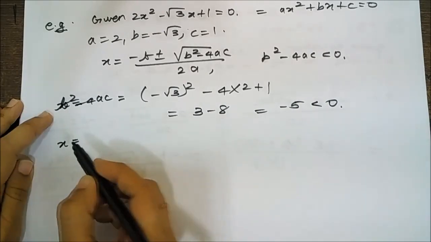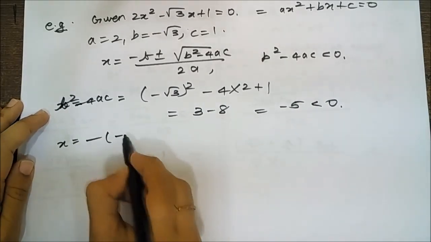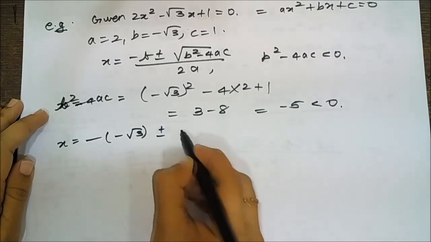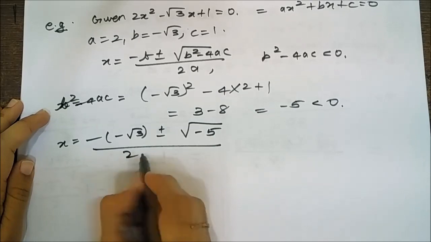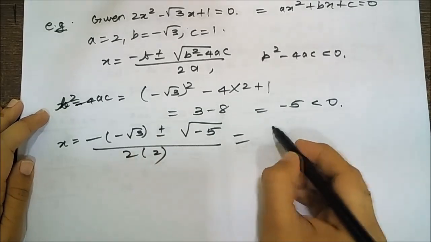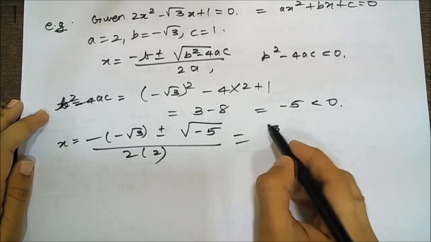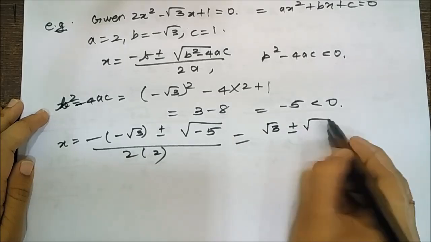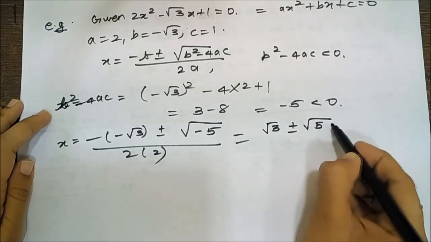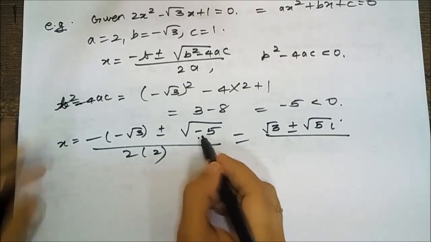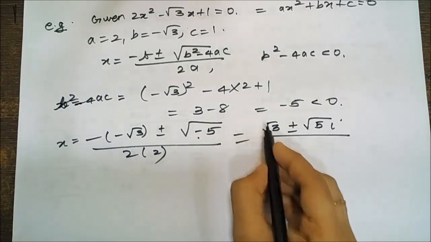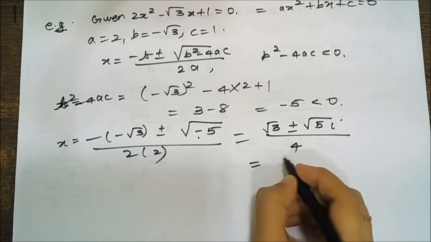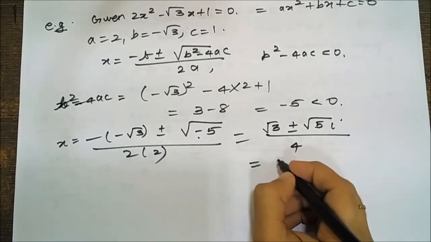x is equal to minus of minus root 3 plus or minus root of minus 5 upon 2 into 2. That is root 3 plus or minus root 5 i upon 4, because this minus 5 can be split as 5 into minus 1, and 2 2s are 4.